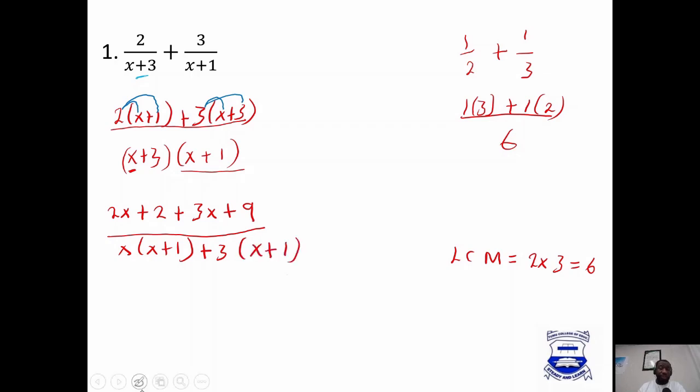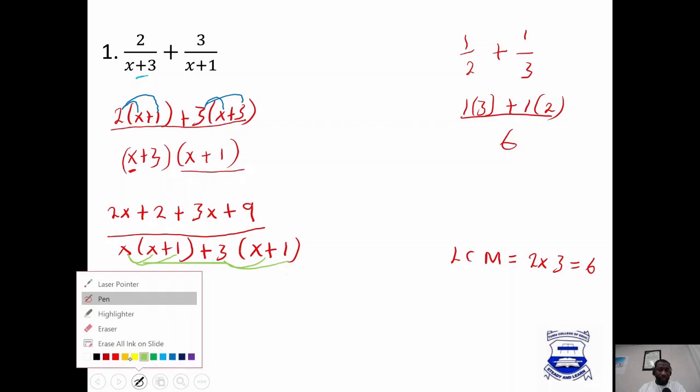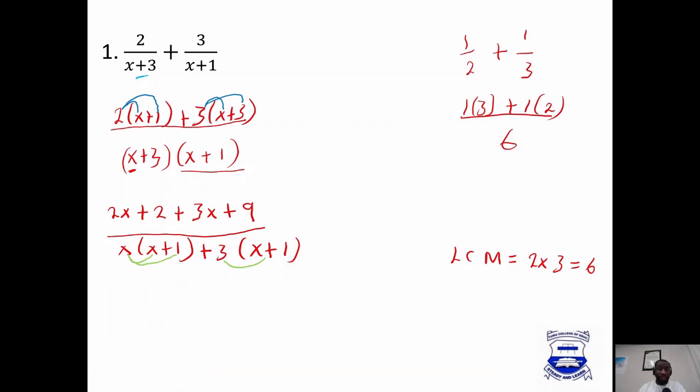Then after that, we use the distributive property, just as we did for the numerator. So I have x multiplied by x, x multiplied by 1. 3 multiplied by x, 3 multiplied by 1, right? Just as we did for the numerator, we do the same thing for the denominator.